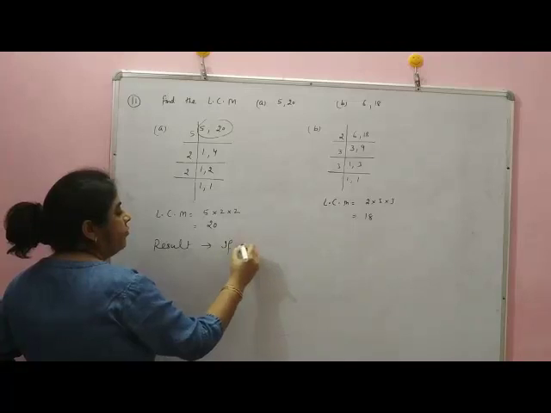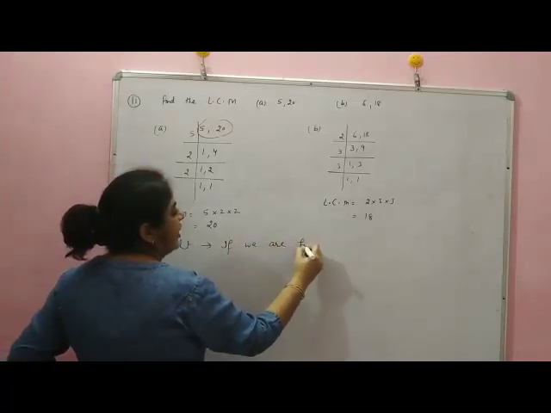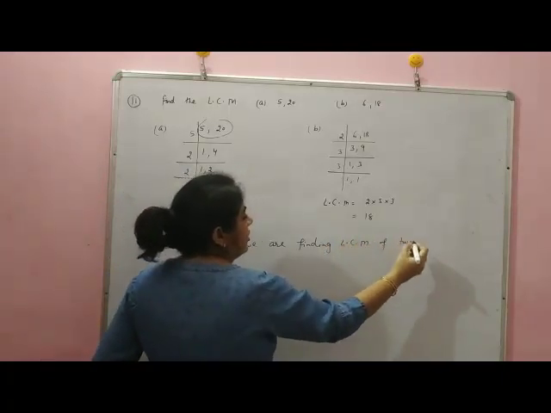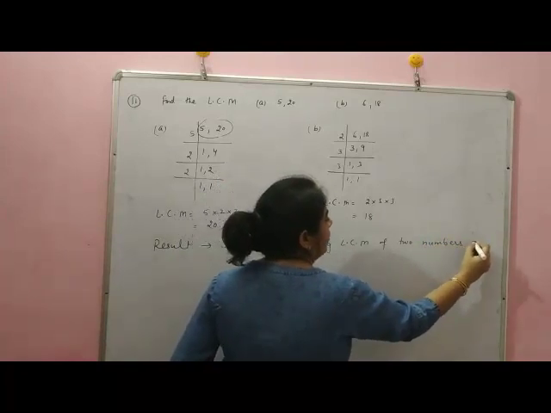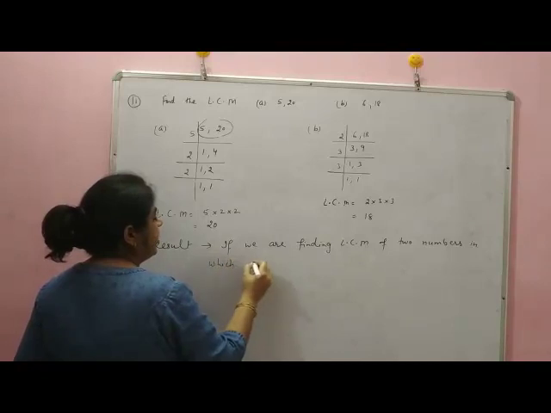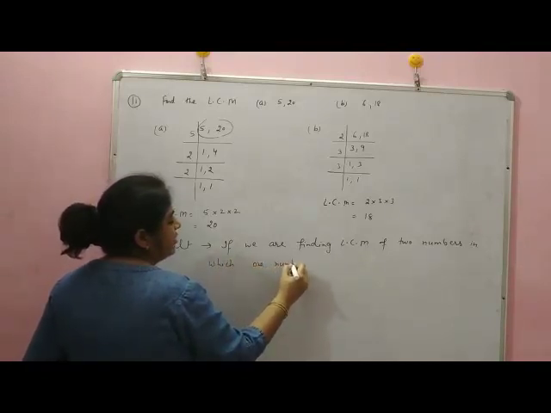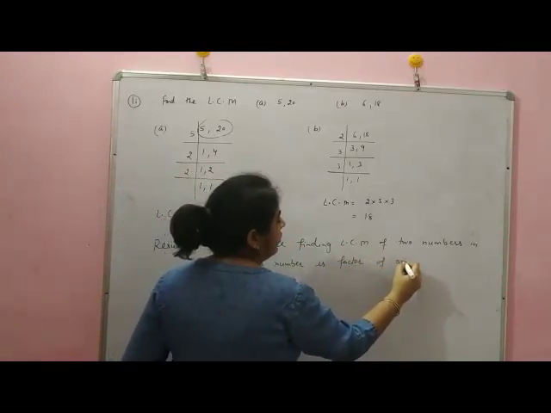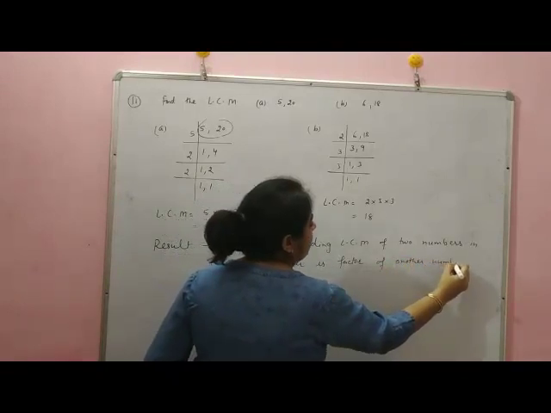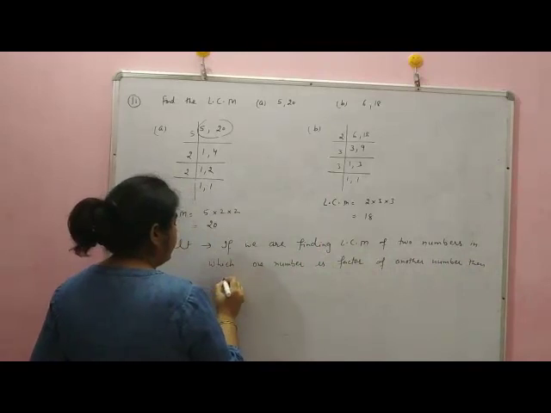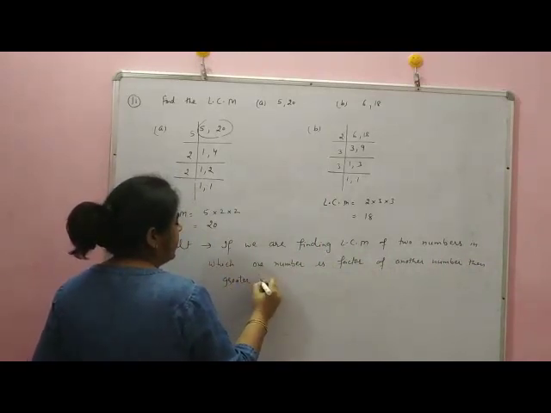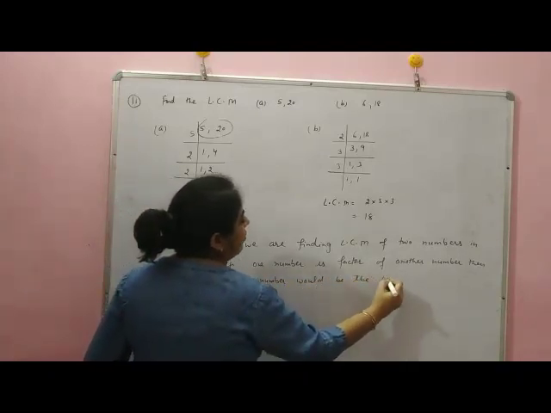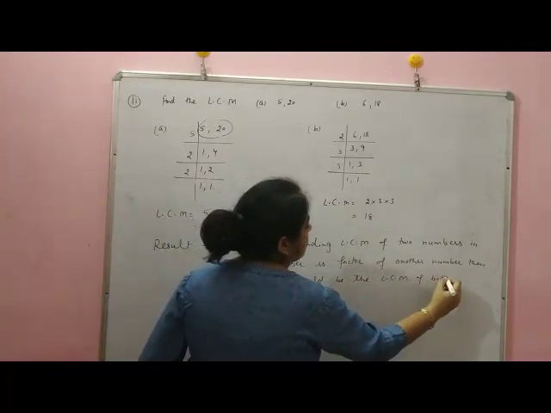So if we are finding the LCM of two numbers in which one number is a factor of another number, then the greater number would be the LCM of both given numbers.